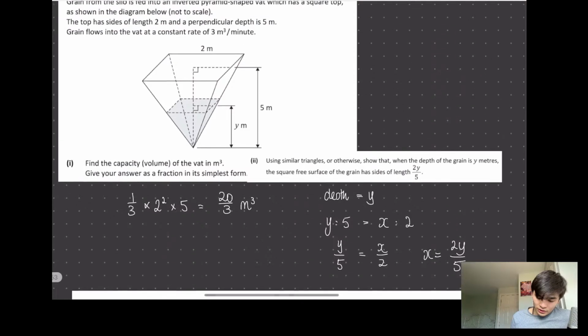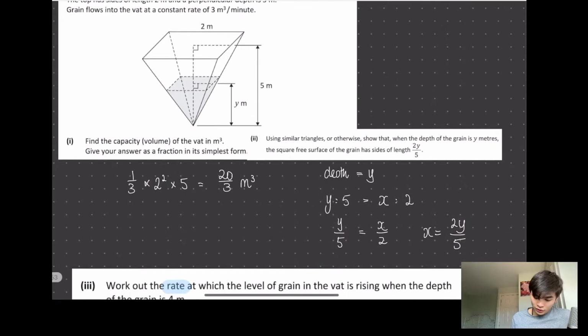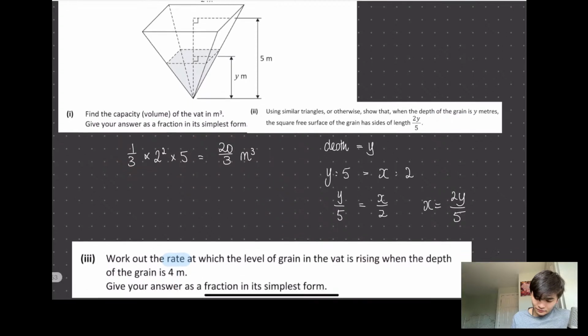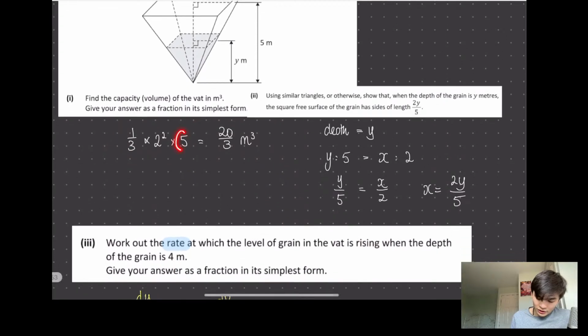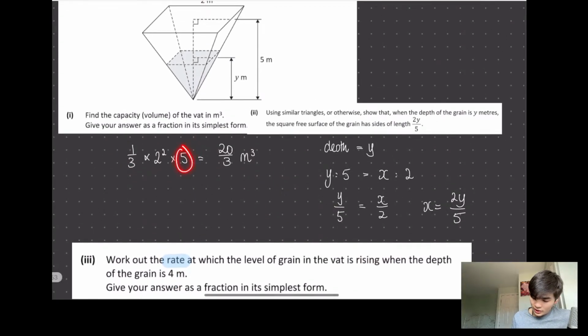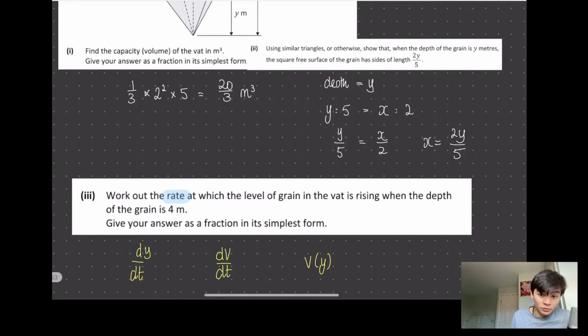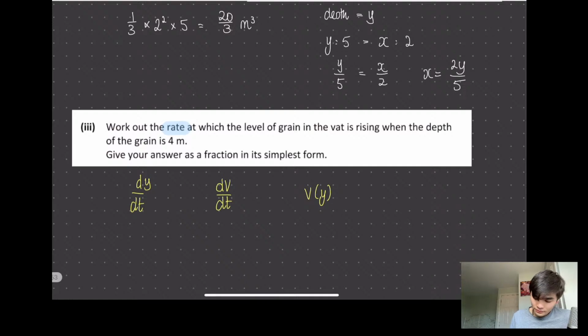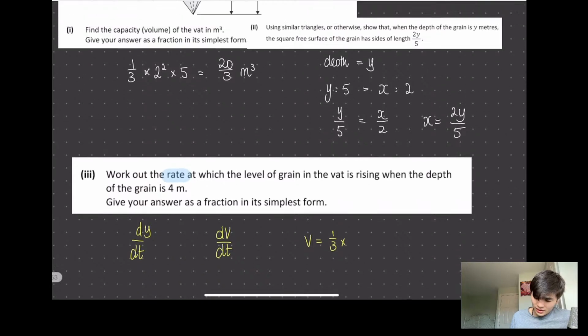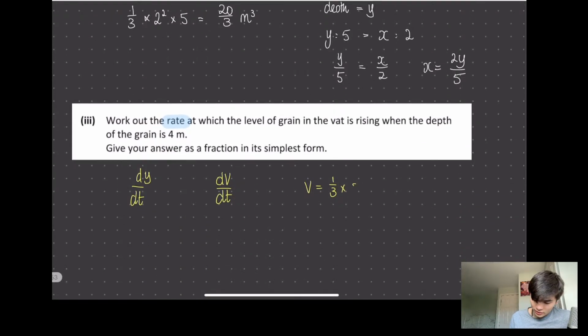Because if we have a look at the volume of the full thing, it's that. But that 5 would need to be changed for a y, and that 2 would need to be changed for an x to get a general formula. So v in general would be 1 over 3 times that side x squared times y.